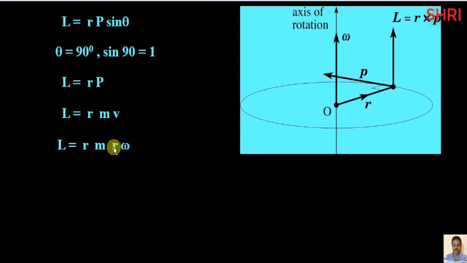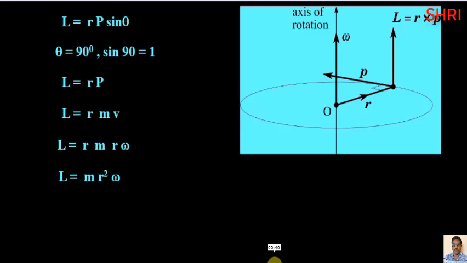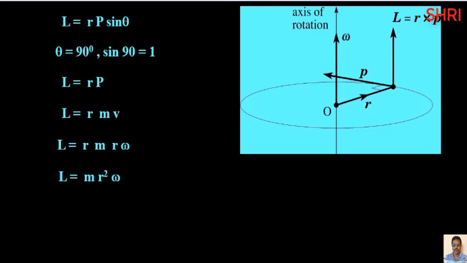This r into r becomes r square, and therefore we get the new equation m r square omega. But this m r square is a product of mass and square of distance, which is moment of inertia. Therefore we can write L equal to I omega.